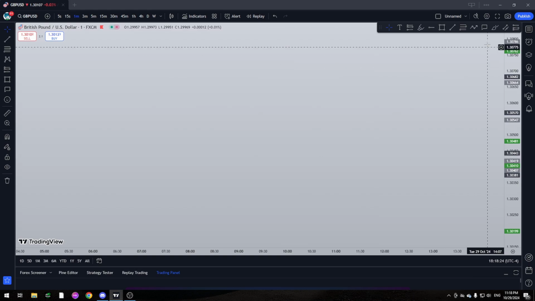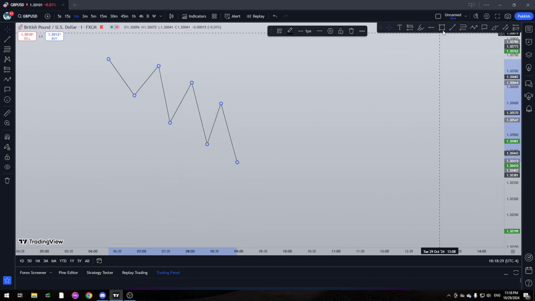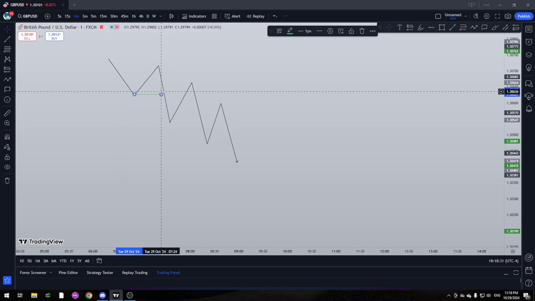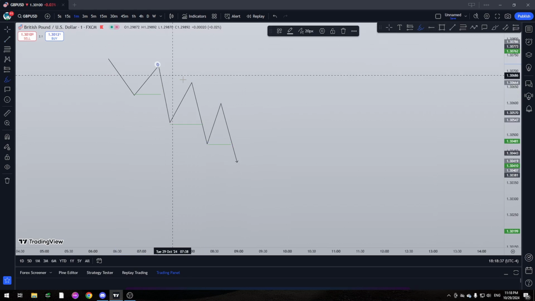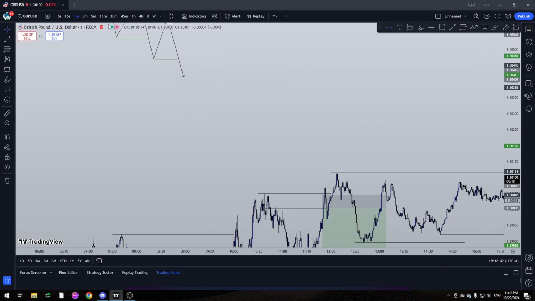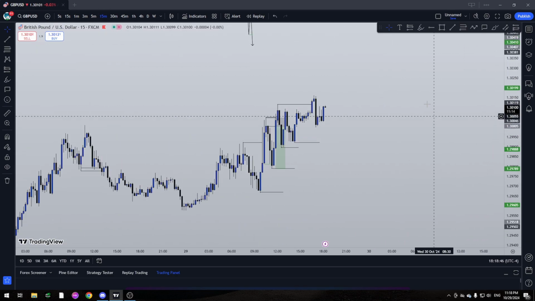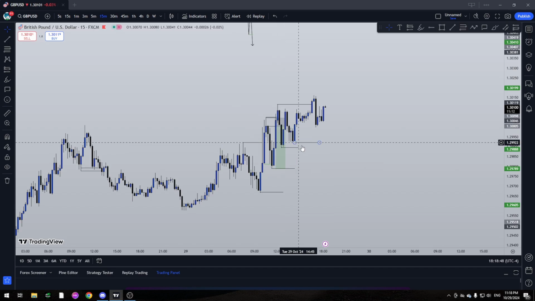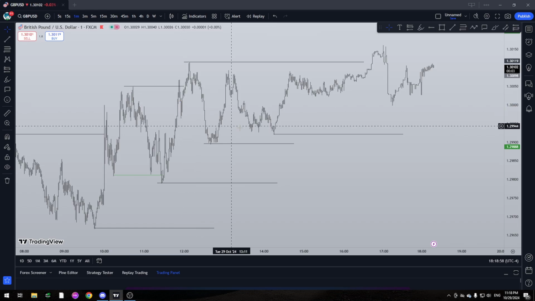Because if we go back to the basics, how to identify a bearish trend, it's by finding breaks of structure, right? Lows get taken out and the highs stay strong. If we go to the 15 minutes once again, as you can see, we do not take out a single low. All we're doing is taking out highs, building up liquidity. Now you cannot buy in this area.